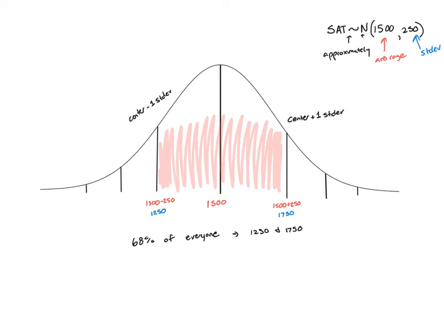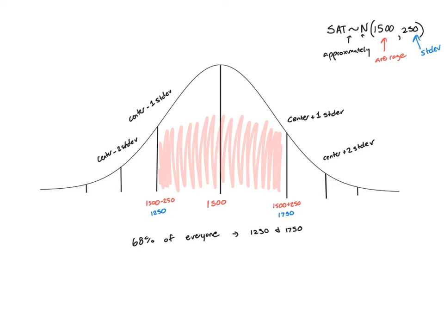Let's go ahead and go one more standard deviation on either side. That is, I'm going to move out to here. And this will be like the center plus 2 standard deviations. And this will be like the center minus 2 standard deviations. Now, I do want to point out that I'm abbreviating there, so STDEV, standard deviation.